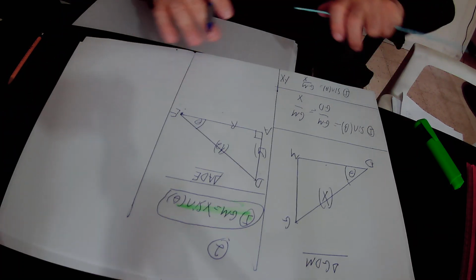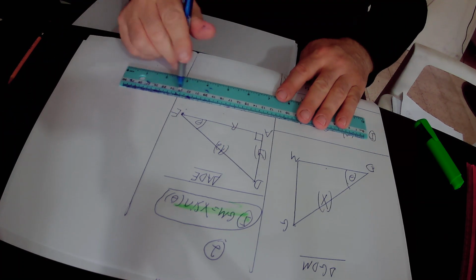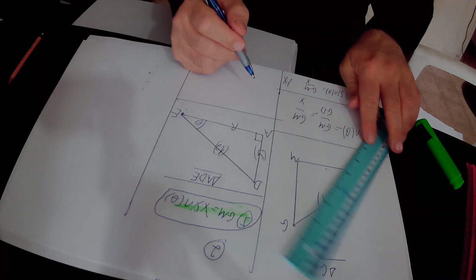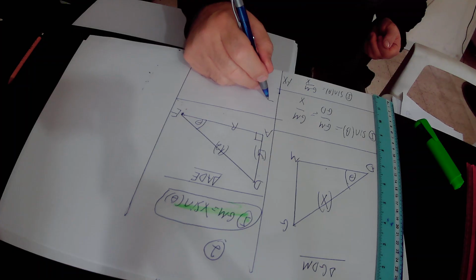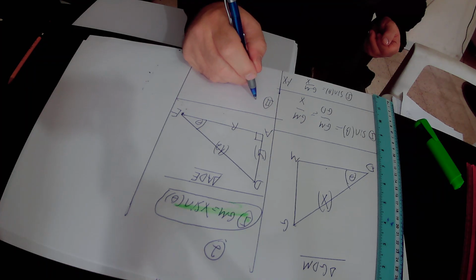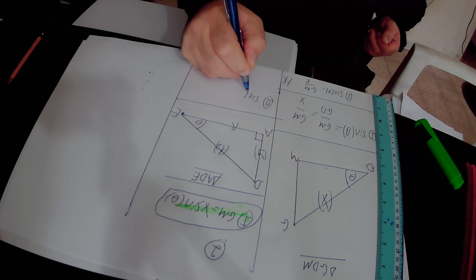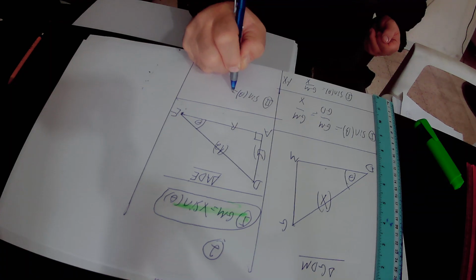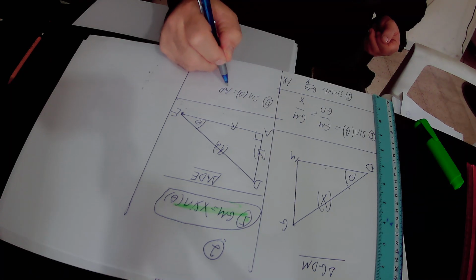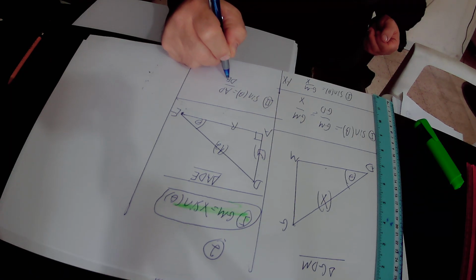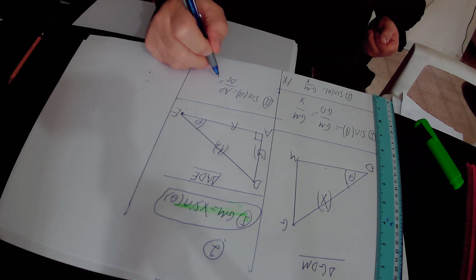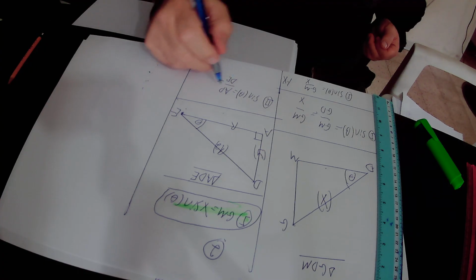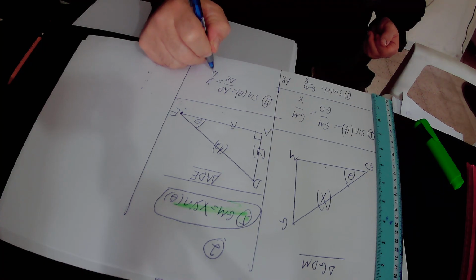So actually, this is the right triangle ADE that I copied from the original drawing. In this right triangle ADE, it is very easy to see that sine theta equals AD over DE. So sine theta equals AD, that is y, over DE, that is 12.